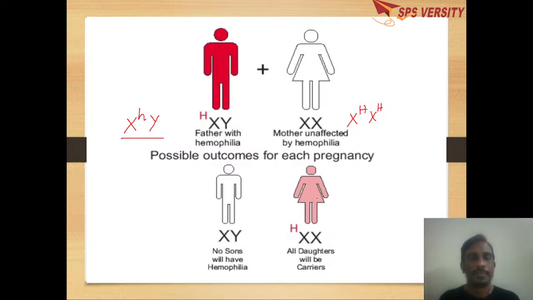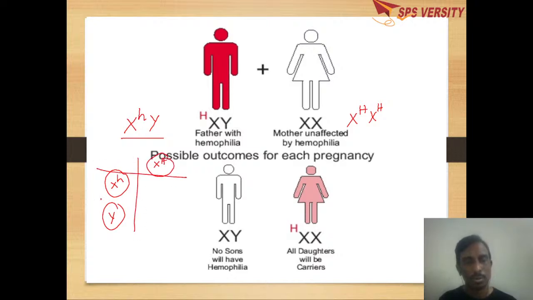When you do crossing, the gametes for this male will be X small h and Y, and the gametes for the female are X capital H. One female, that is XH Xh, is a carrier, whereas another male, XH Y, is normal.